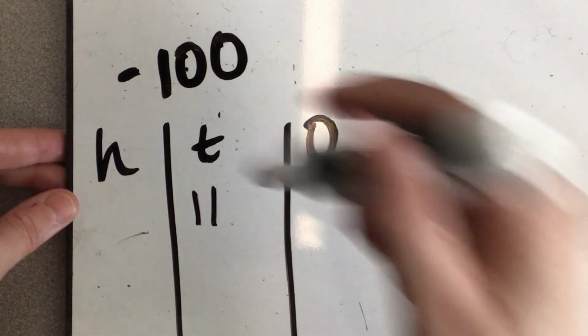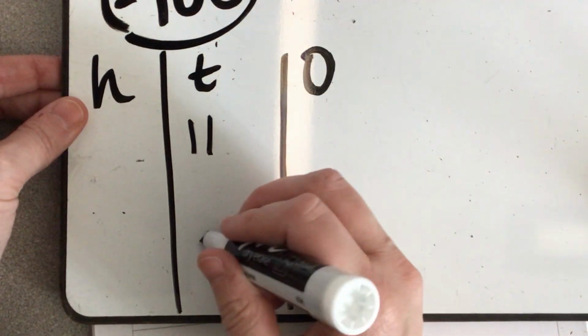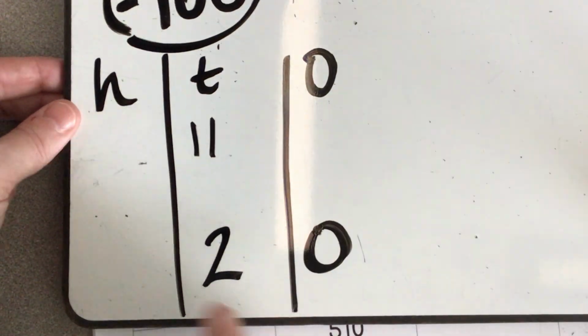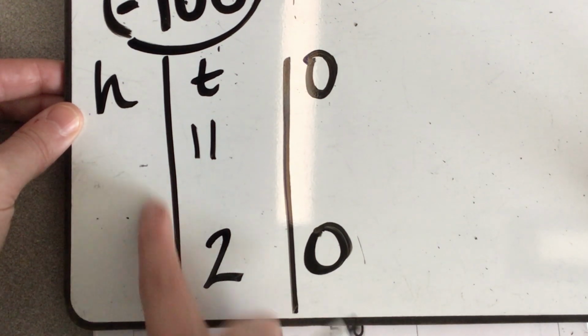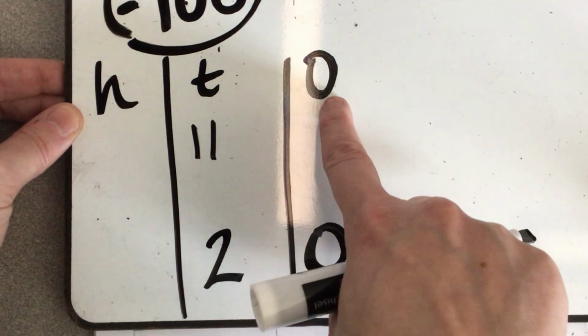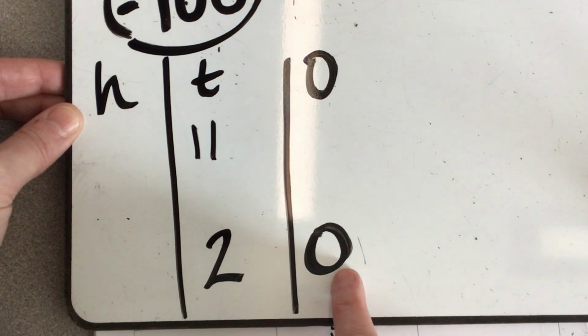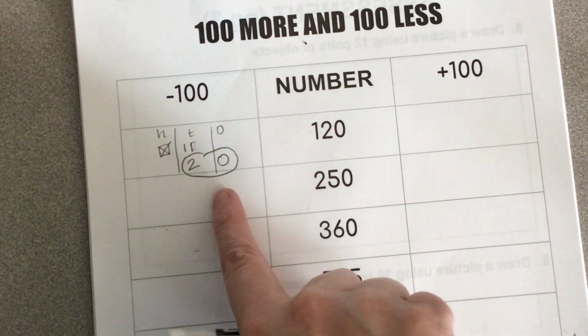I'm going to erase it. So now I have 0 hundreds, I only have 2 tens, and 0 ones. When the place value is blank in front of another number, we don't have to put a 0. We leave it blank. But for this example, since the ones is blank, we put a 0 because it comes after that number. So we still got 20 like the first time, okay?